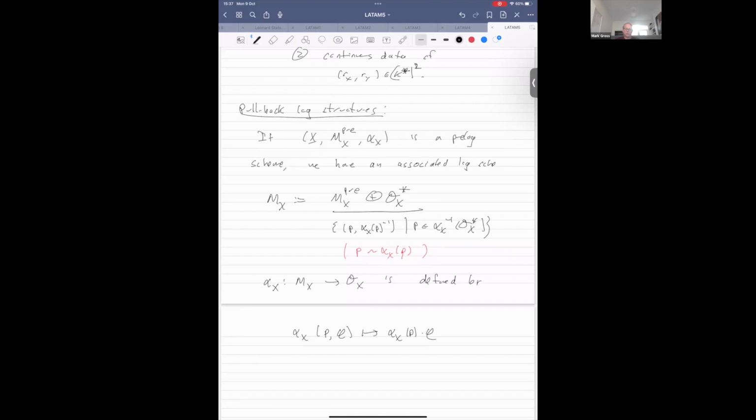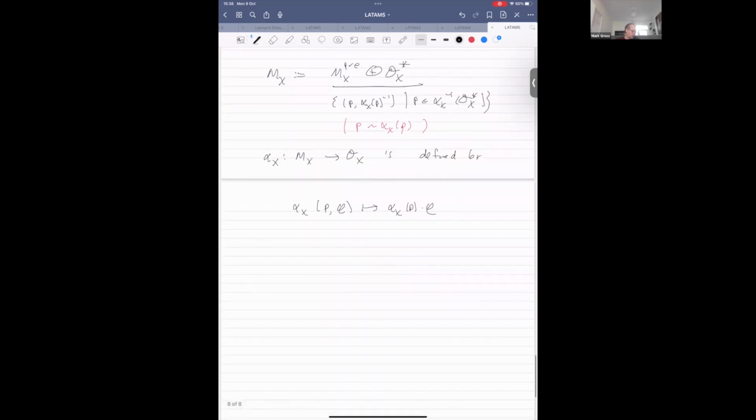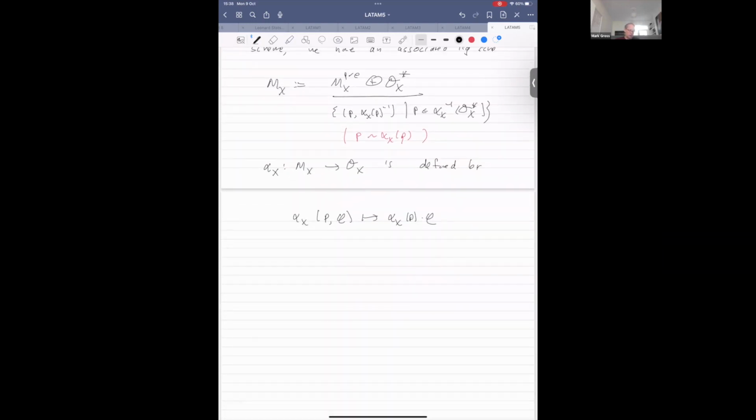Why do I want this at this particular juncture? Well, I have pullback log structures. So suppose given a morphism f from X to Y of schemes and a log structure (M_Y, alpha_Y) on Y. Suppose we have a log structure on this scheme.